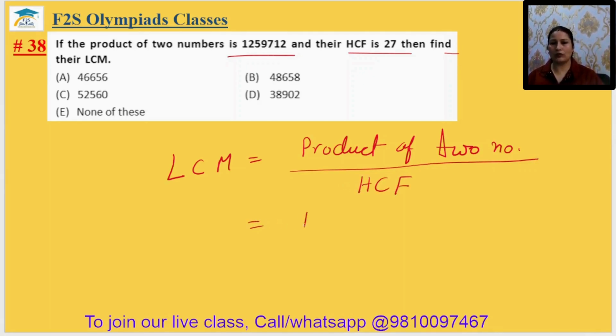So product of two numbers is 1259712 divided by 27. So if you divide 1259712 by 27, you will get 46,656.